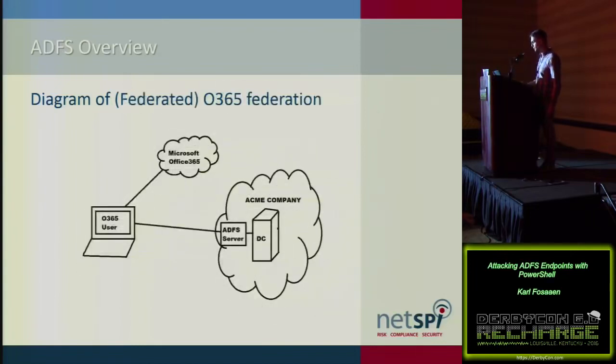If it's federated, Microsoft says, hey, actually, I want you to get the token from the ADFS server at the Acme company who's talking to their DC internally. Then you get the token, send it off to Microsoft. Pretty simple. Took 2 minutes to draw that up in Paint.